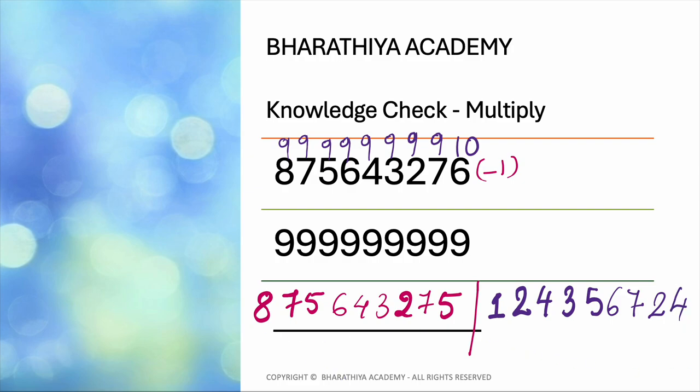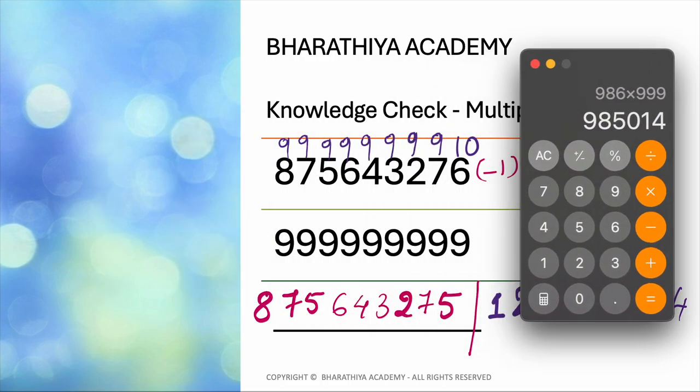So as usual, let's take this in the calculator, and let me tell you children, some of the calculators actually cannot calculate this. So you are faster than the calculator and more capable than the calculator. Let's try checking if this calculator will give us the answer. 875643276 into an equal number of 9s.